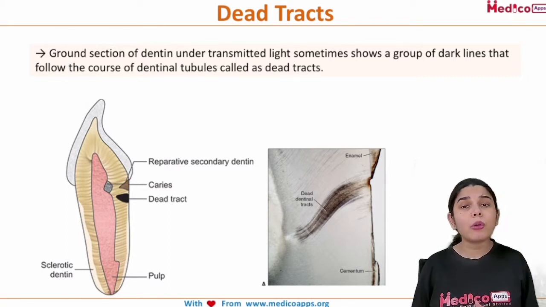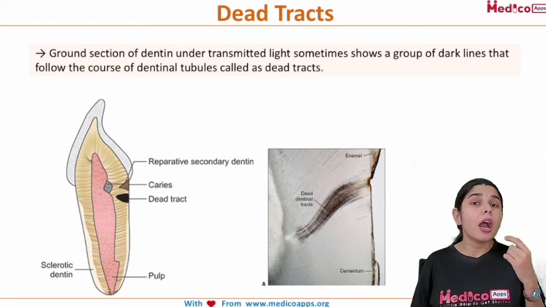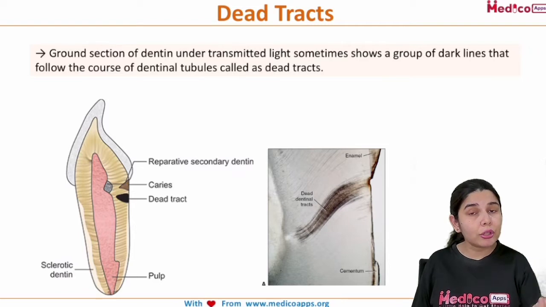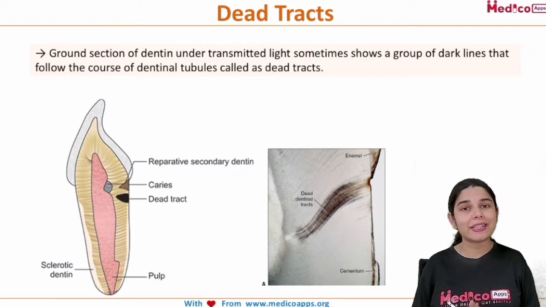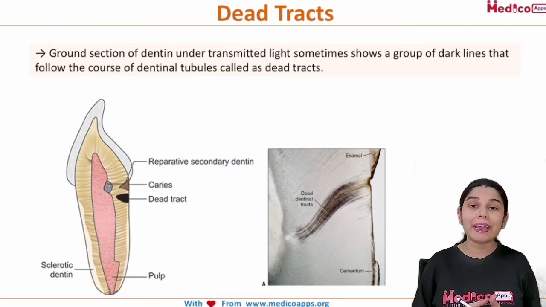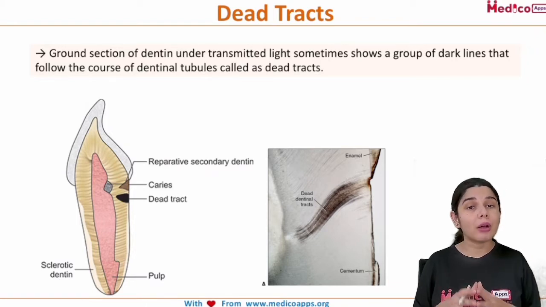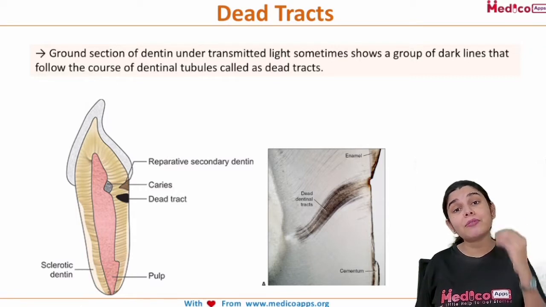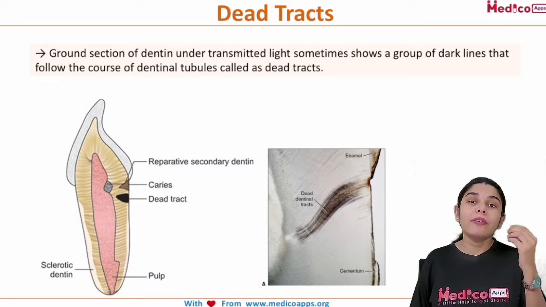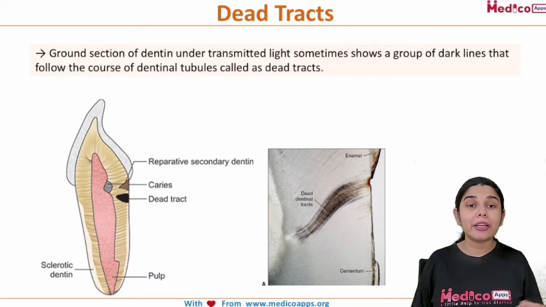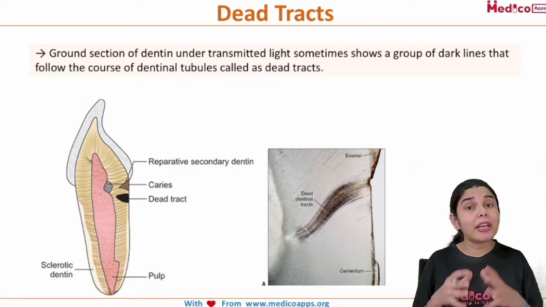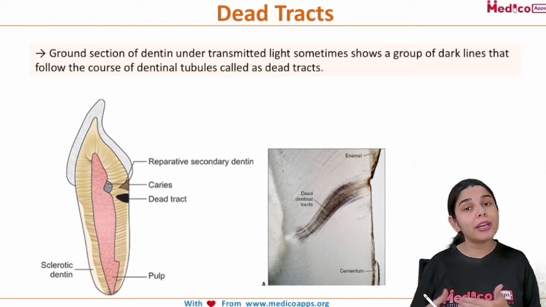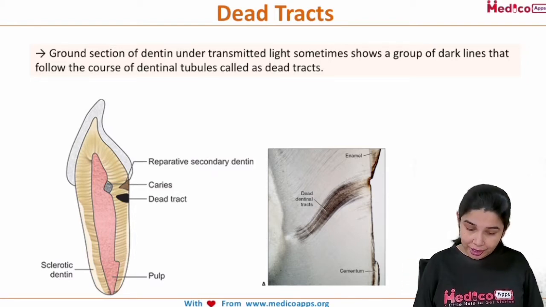When we take a ground section of dentine, that means we are taking a section of a tooth for histological examination and viewing under the microscope. That ground section, as I have told you, is studied under the microscope under transmitted light.